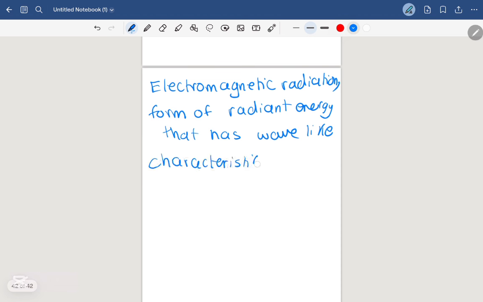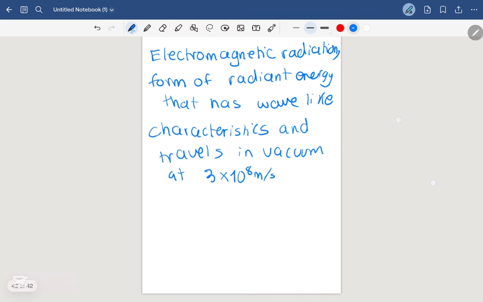This is proving Maxwell's theory, or Maxwell's statement, that it's a radiant form of energy that has wave-like characteristics and travels in vacuum at the speed of light, which is 3 times 10 to the power of 8 meters per second. Now this is all electromagnetic radiation, and regarding electromagnetic radiation we have 3 values.